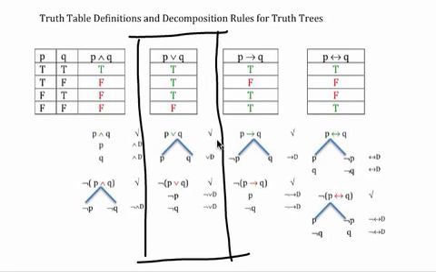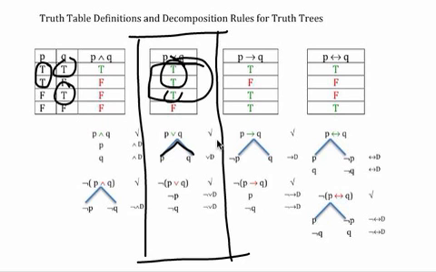So if we want to graphically represent the truth conditions for P wedge Q, we represent it by branching out from the statement and saying either P is true or Q is true. Because these are the 3 cases that we're looking at. We recognize that in any case where P is true, the whole thing ends up being true. And in any case where Q is true, the whole thing ends up being true.